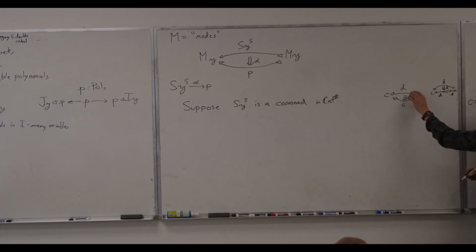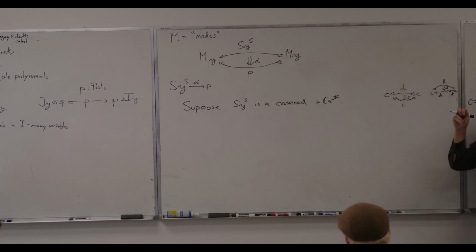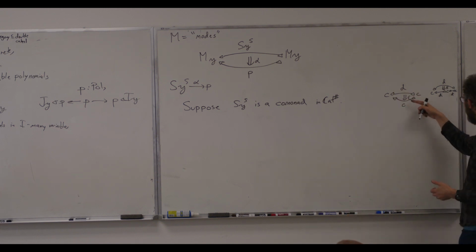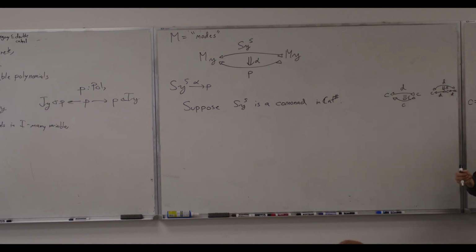So a comonad will be one of these between two categories now. And that's a lot of data, and these have to do the usual delta epsilon-y stuff.